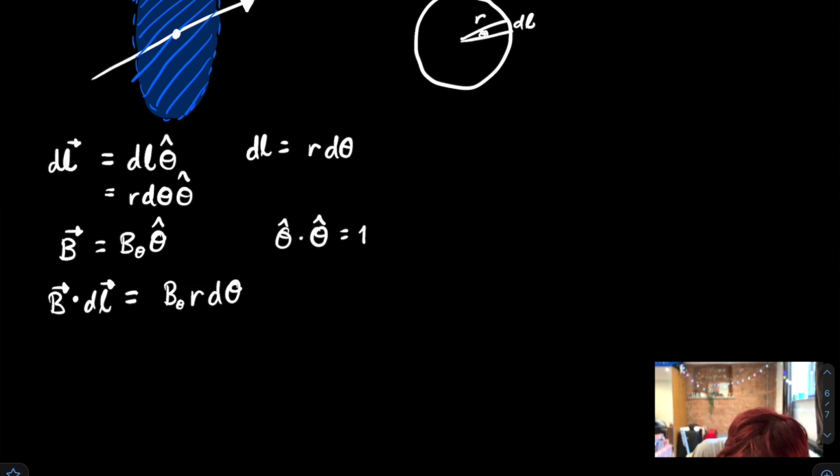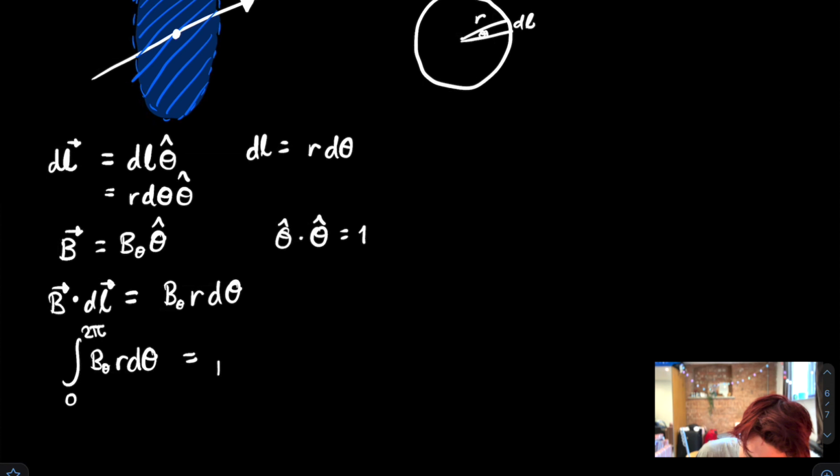So therefore the integral all the way around our closed curve is equal to the integral of B theta r d theta. And what are the limits? Well, theta as an angle spans between 0 and 2 pi. That's the entire domain of theta, or 360 degrees.